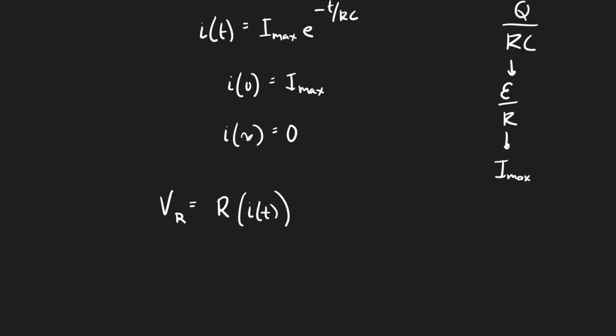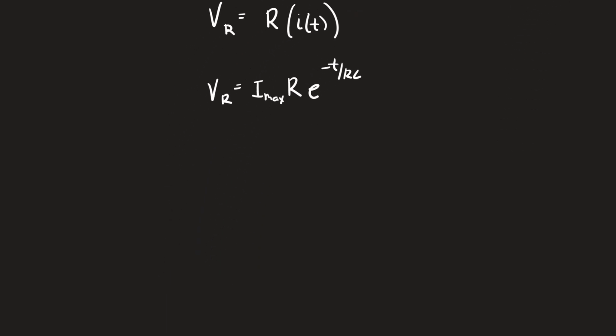So if I sub in what we have, you'll have I max times R e to the negative t over RC. Correct? But I max times R is the EMF of your circuit. Correct?